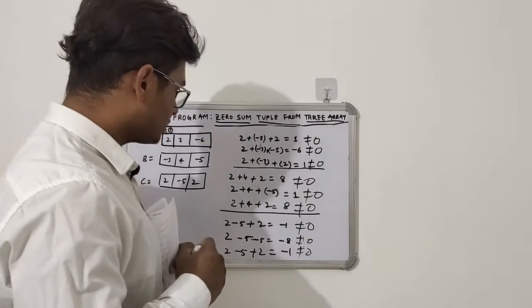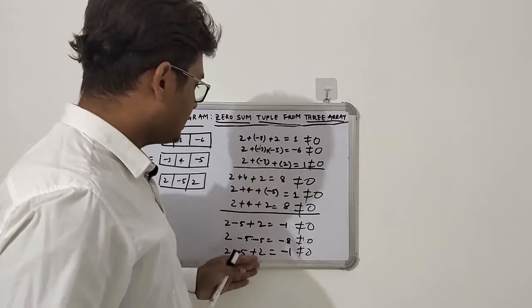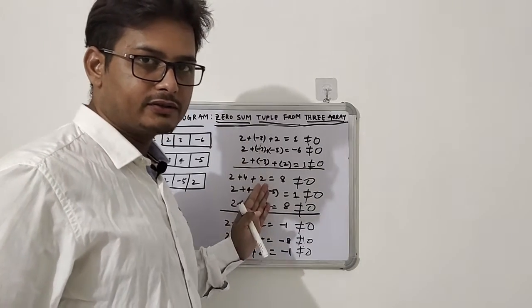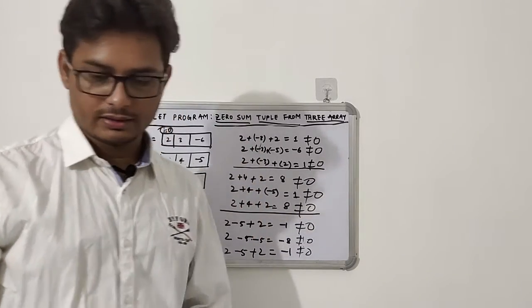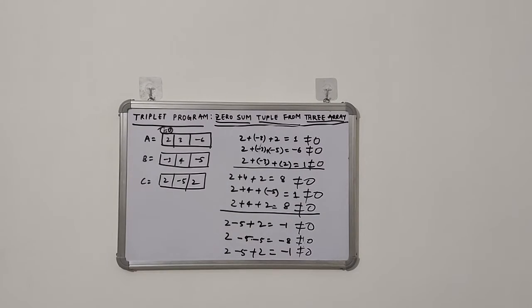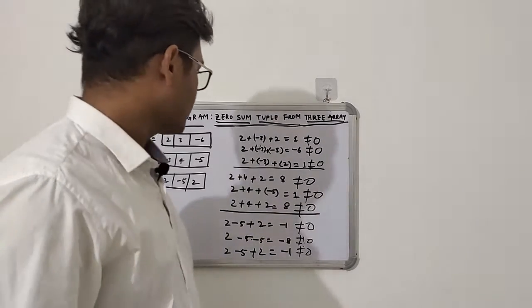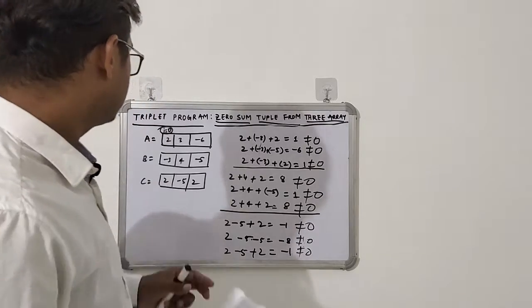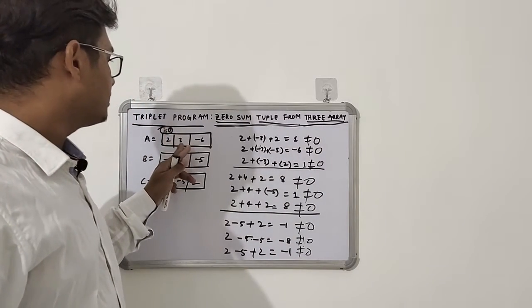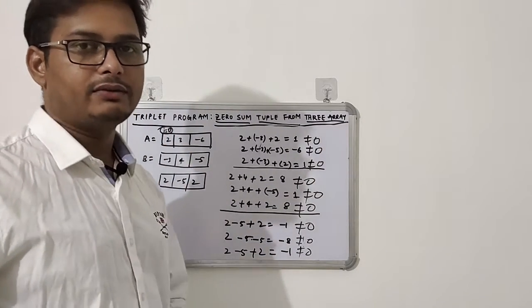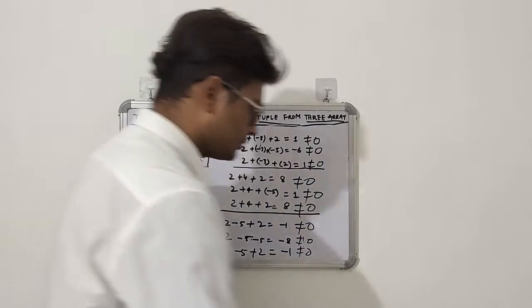So among these we are not going to select any because their sum is not equal to 0. Okay, now we will take I equal to 1 for element 3 and we will try to execute all the combinations.